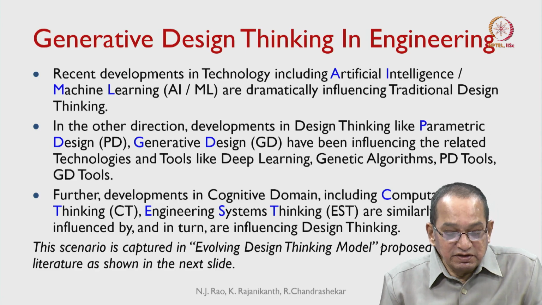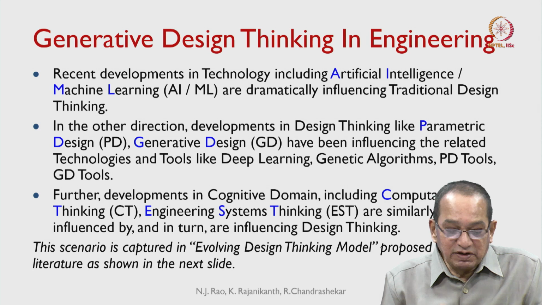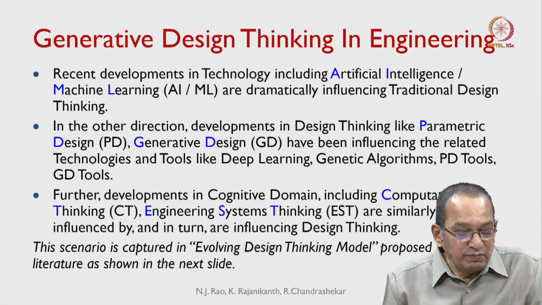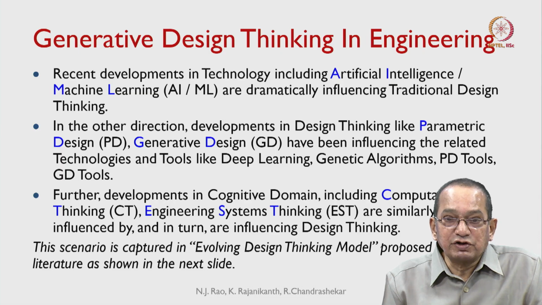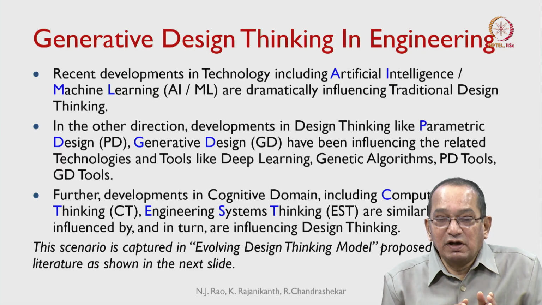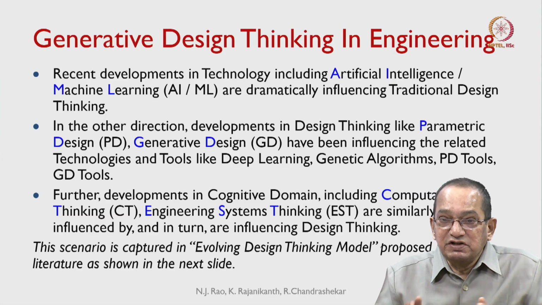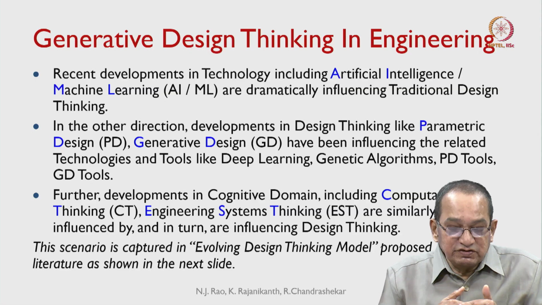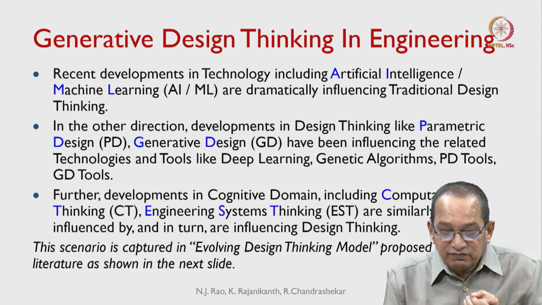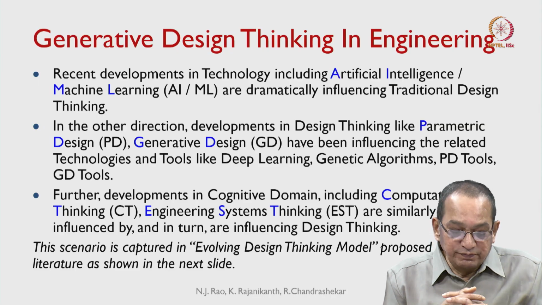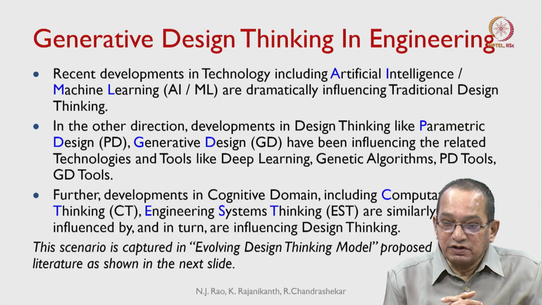That is, developments in design thinking like parametric design, generative design have been influencing the related technologies and tools like deep learning, genetic algorithms, parametric design tools, generative design tools and all. So, AI and ML and the design activities have been influencing each other, and together with these theoretical developments, like for example, developments in the cognitive domain including computational thinking, engineering systems thinking.